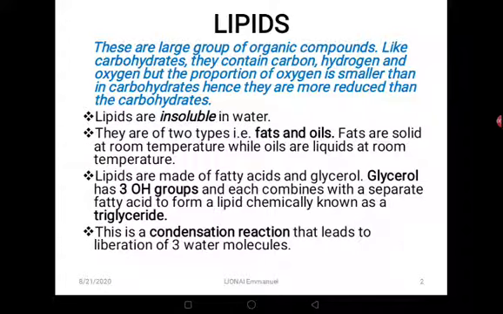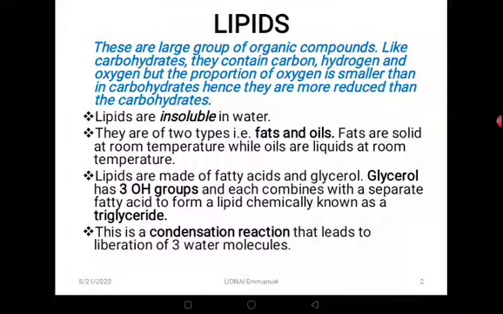So when you look at the lipids, you realize that these are a large group of organic compounds, just like the carbohydrates. They also contain carbon, hydrogen and oxygen. But the difference is that the proportion of oxygen is smaller than in carbohydrates.